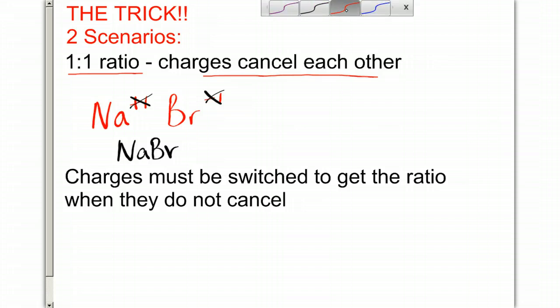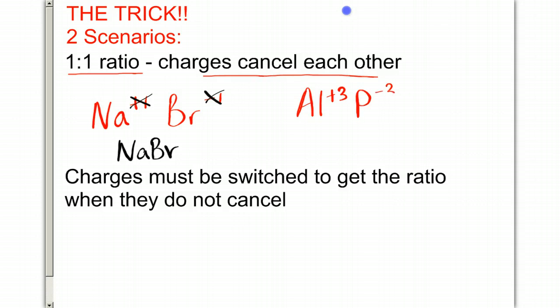Another example is if I had Al +3 and P -3, then +3 and -3 cancel, and I need just one of each, a 1-to-1 ratio. If you have +1, -1, +2, -2, or +3, -3, they cancel, and we have a 1-to-1 ratio.